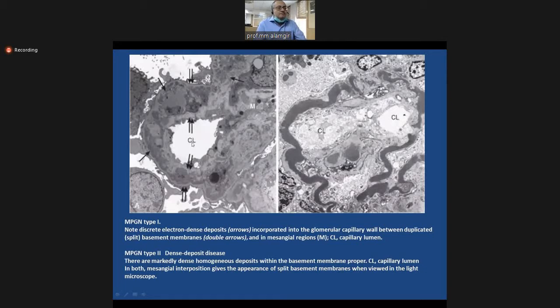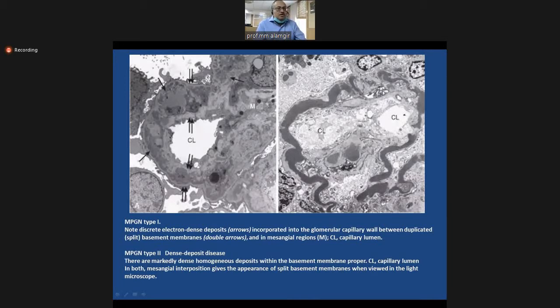This is the capillary, and because of this deposition, they may also give the picture of splitting of the basement membrane. Okay. So there are two categories of membranoproliferative glomerulonephritis, type 1 and type 2. In type 1, we may see the splitting of the basement membrane because of the deposition of this material.